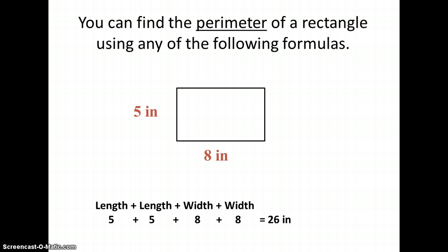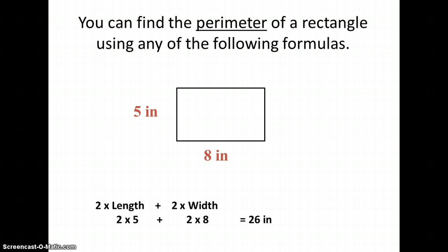So I can think length plus width, because I know that each of those dimensions is going to be used twice. I can also think of it as saying the length times 2, because there are 2 sides that have a length of 5 inches, plus 2 times the width, because there are 2 sides that have a width of 8 inches.